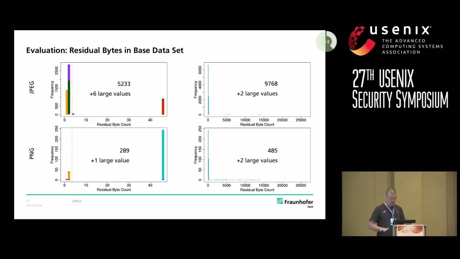Plus, there was one particular site, I'm not pointing any fingers, that almost doubled these numbers. So we have a fraction of about 5.5% for JPEG, and about 2.6% for PNG, where the image files in our base dataset already contained residual data.